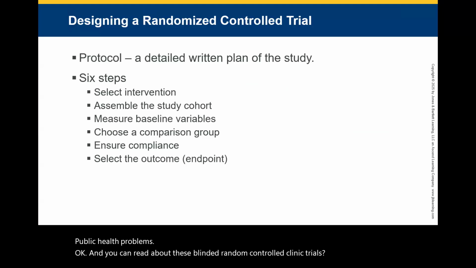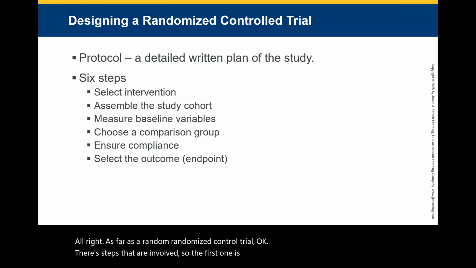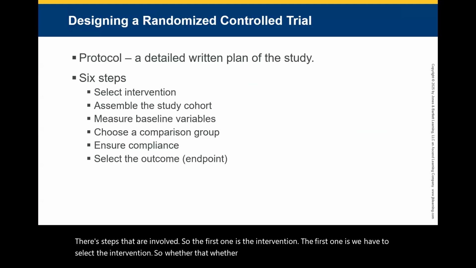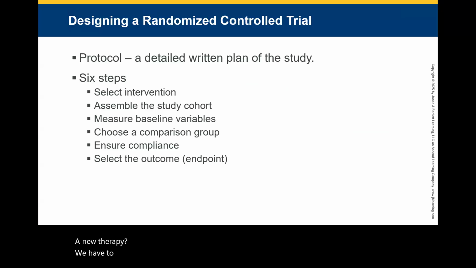All right. As far as a randomized controlled trial, okay, there are steps that are involved. The first one is we have to select the intervention. So whether we're talking about an intervention that is a medication or a new therapy, we have to select the intervention. Then we have to get the study cohort together.